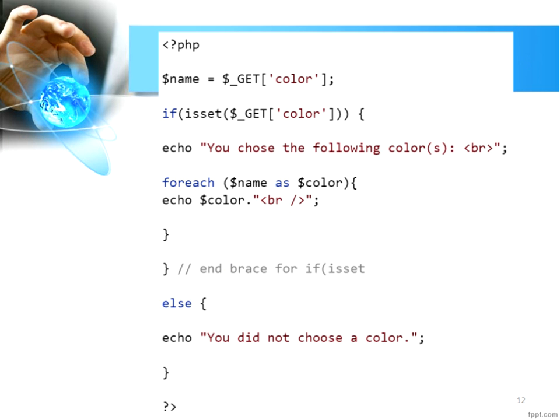So in the PHP file, we use the superglobal $_GET. Why do we use $_GET and not $_POST in this example?